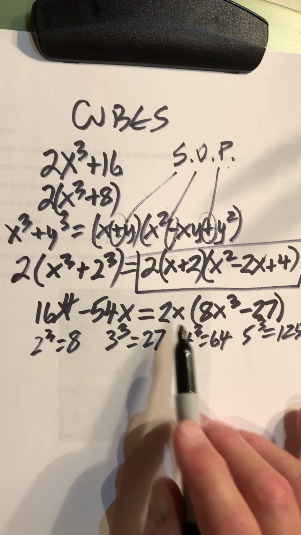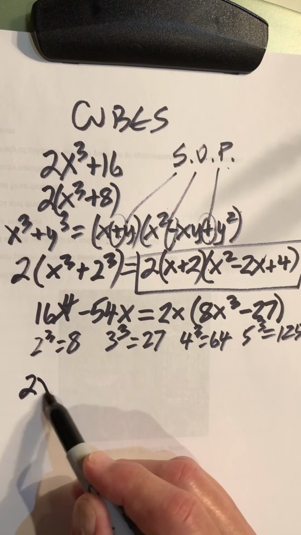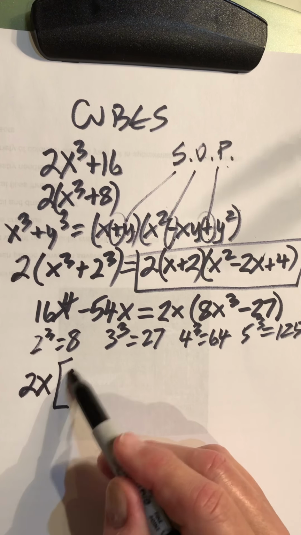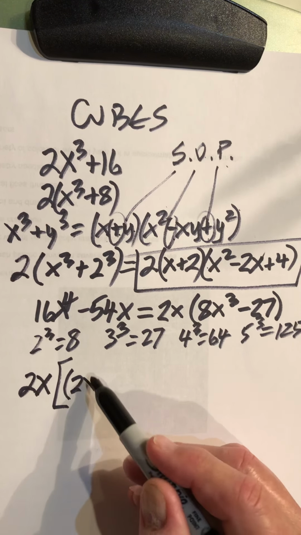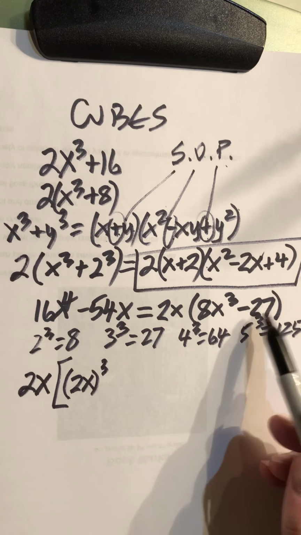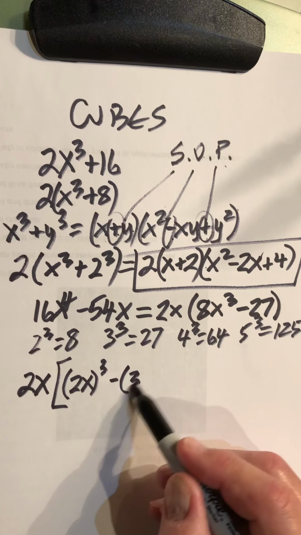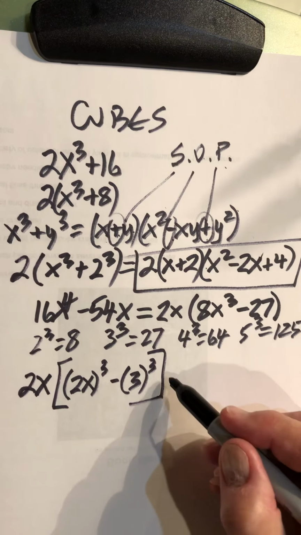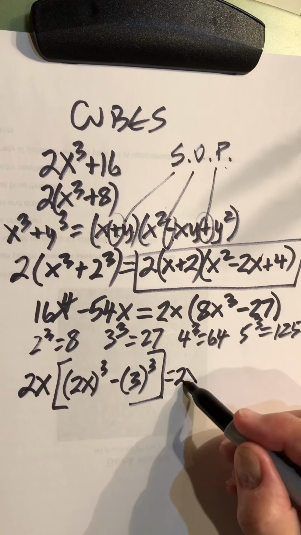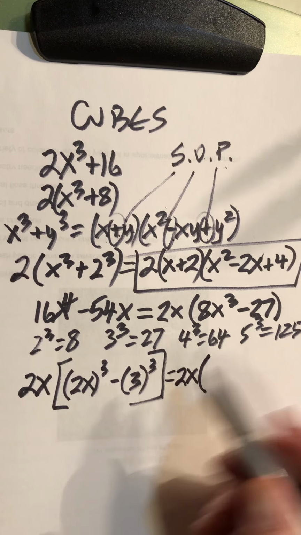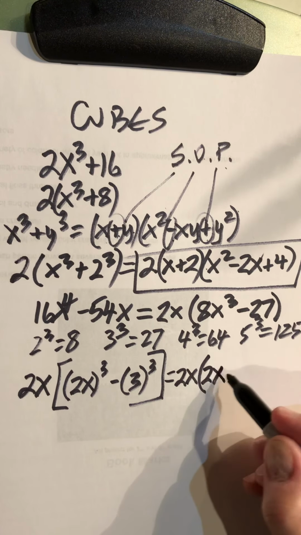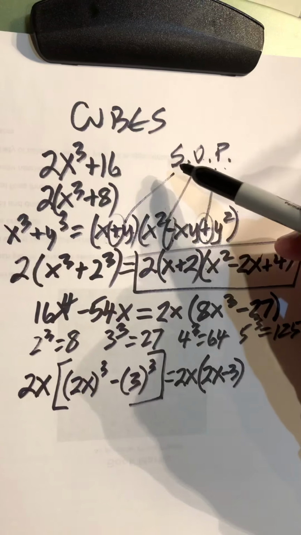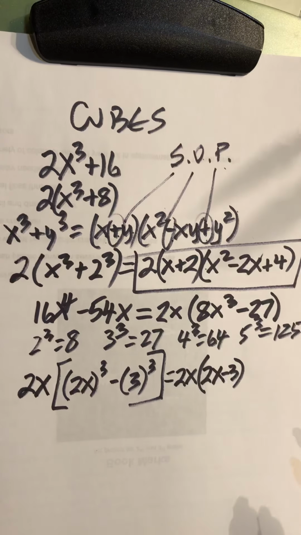Let's factor this. 2x, and this, what does that represent? Isn't that in fact 2x cubed? And isn't 27 3 cubed? Do you see that? So I've got the 2x, then I've got the 2x minus 3, then I'm following the formula here where it's same, opposite, positive.